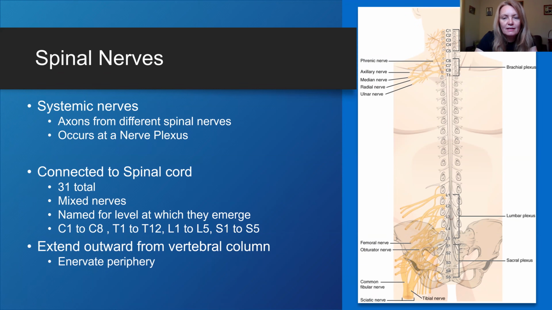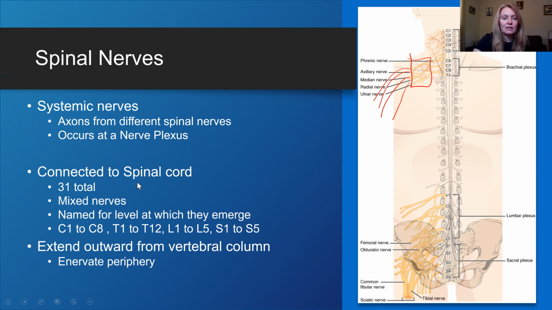And then from those plexuses, we have systemic nerves or peripheral nerves, right? Axons from different spinal nerves will form peripheral or systemic nerves, and it's a course of a nerve plexus. So you have the whole plexus over here, and then you will have individual peripheral nerves, and they will carry axons from several spinal nerves.